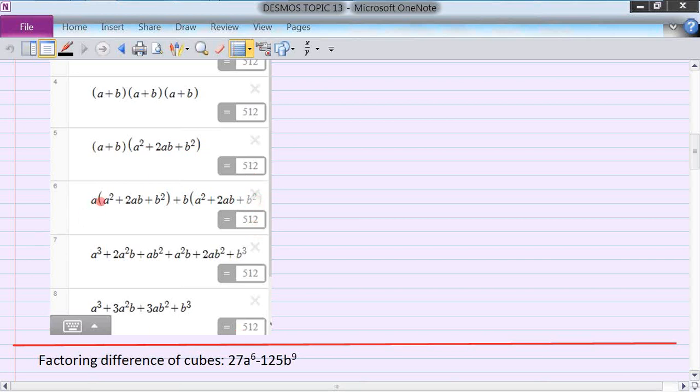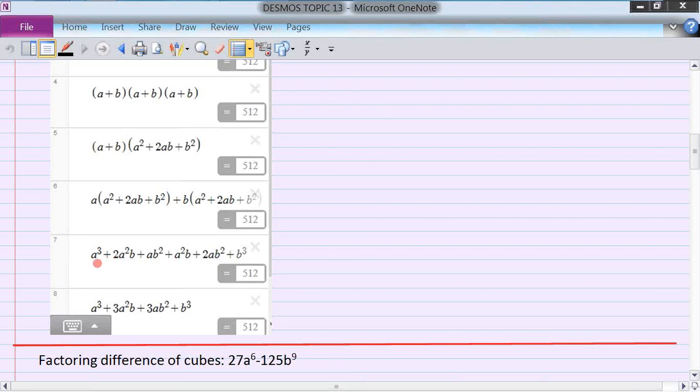So now I multiply a times a squared, I get a cubed. A times 2ab, I get 2a squared b. A times plus b squared, I get ab squared. And I multiply this times this, I get a squared b, plus b times 2ab gives you 2ab squared, plus b times b squared gives you b cubed.